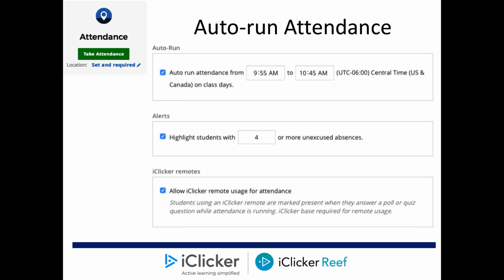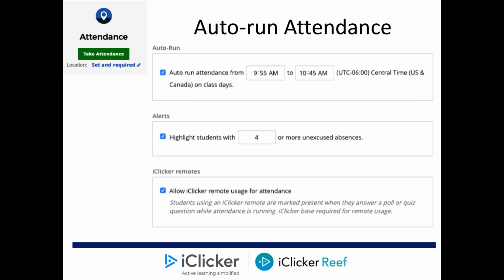Now the point to this is that somebody who's using a physical device has to be within range of the base in order to get that answer to be submitted, and so you would assume that they are in the classroom. So I just want to point out that there are two ways to answer questions and be marked as present.